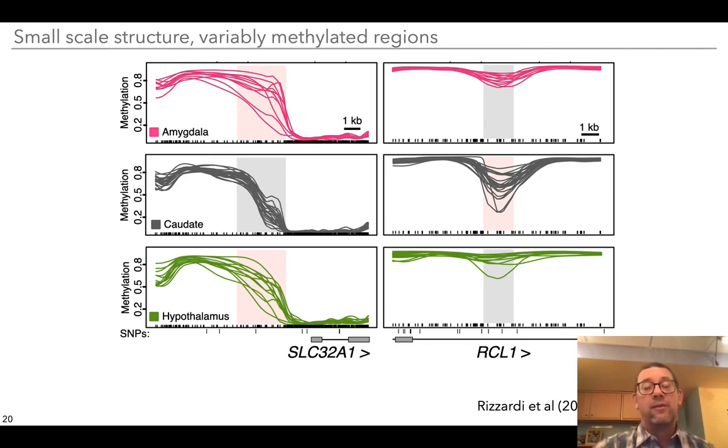That variation might be driven genetically, or it may be some environmental exposure or some confounder or whatever, but basically we take a lot of samples, we look at areas, and we see very clearly that there are areas of the genome where there's just high variation. In this case we have 3 different brain regions, and a brain-region-specific level of variability. And so it is true over here to the left.